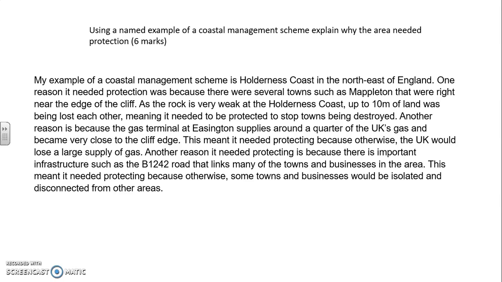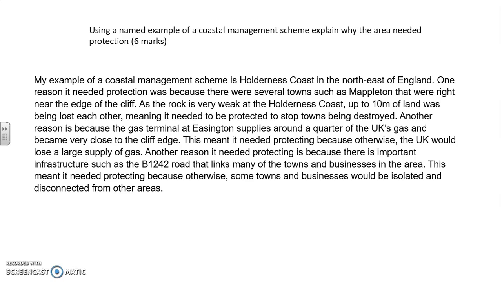So obviously the farmers are then going to lose some of their land, potentially losing some of their income. But also, as this answer says, there's gas terminals in the area which provide quite a lot of gas for the UK. So if they were put under threat, that could impact on economic output in the country.